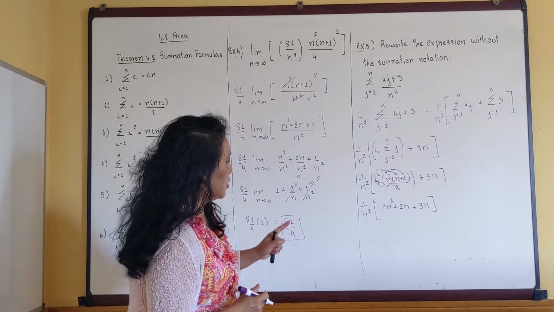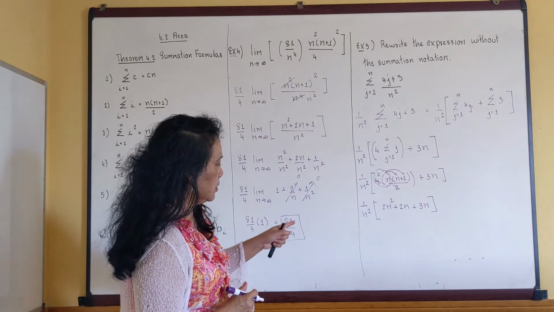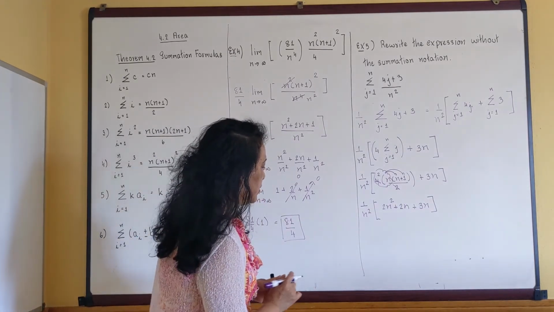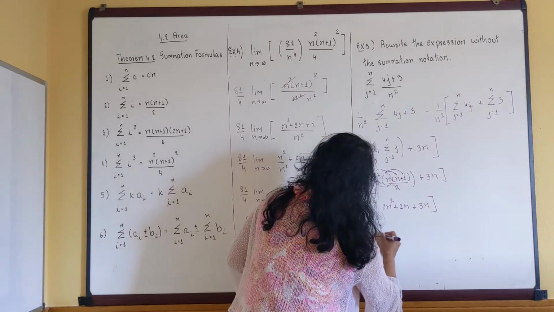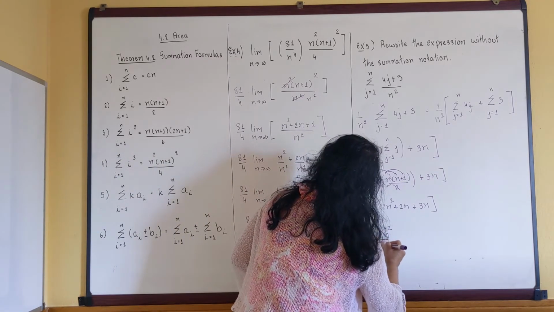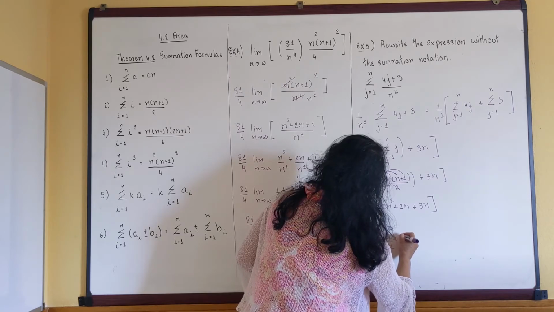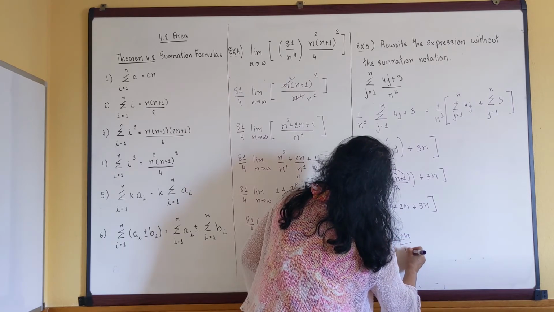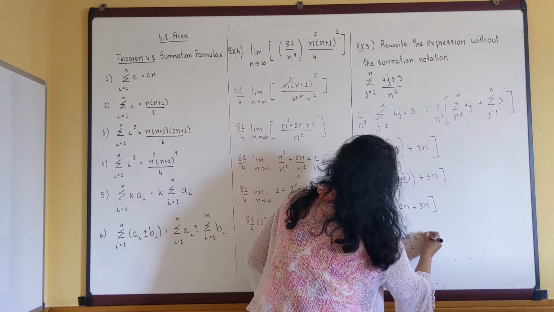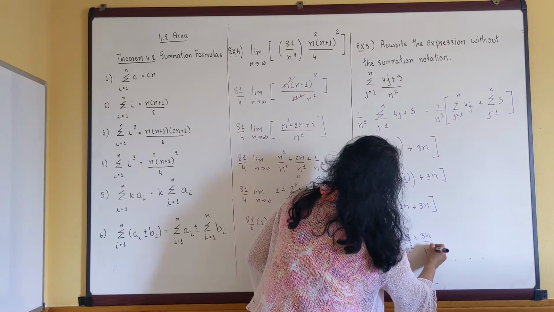Alright, then I'm going to divide n squared into all of them. So I'm going to have 2n squared over n squared plus 2n over n squared plus 3n over n squared.